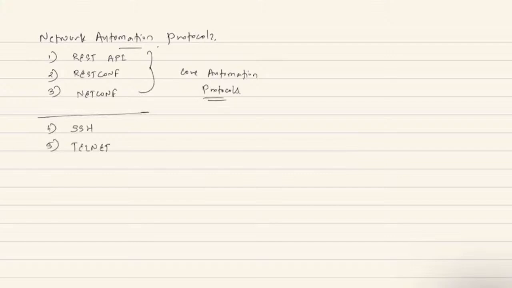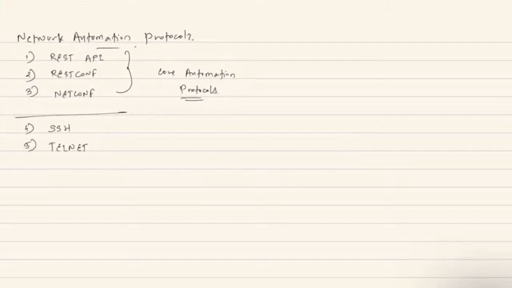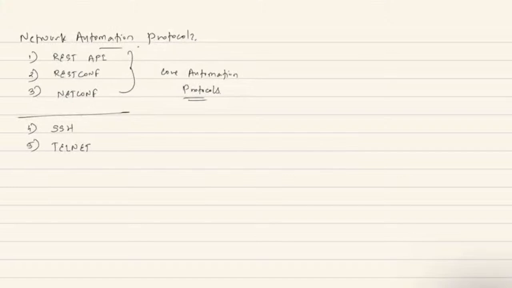Generally, the motive is to be able to automate and push configuration or fetch configuration from devices, or your network infrastructure. So when we have network infrastructure in a way that you have an admin PC, and that PC is connected to, let's say, a router.